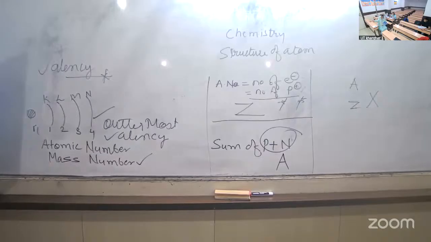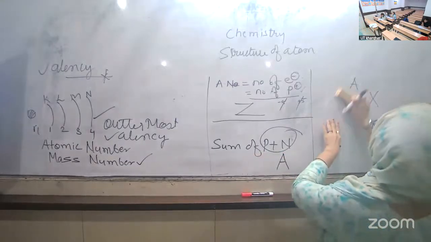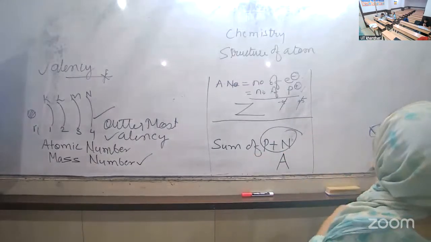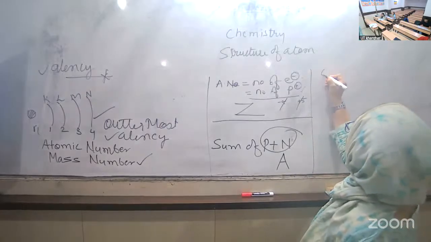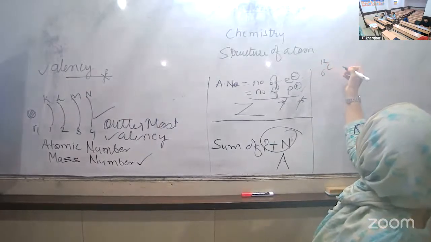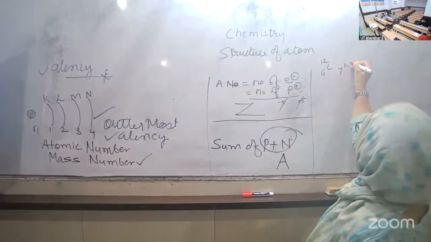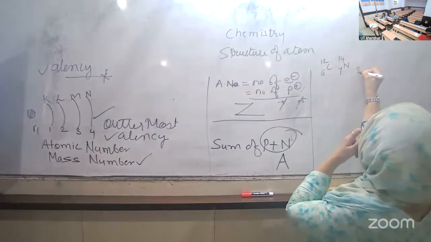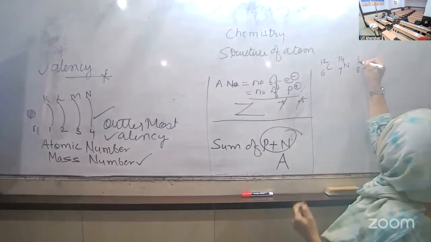Okay. Now example. You have to solve example. मैं यहाँ पे देती हूँ few examples. Make table and write down number of proton, neutron and electrons. Six, 12, 7, 10, 14, 8, 4, 16.